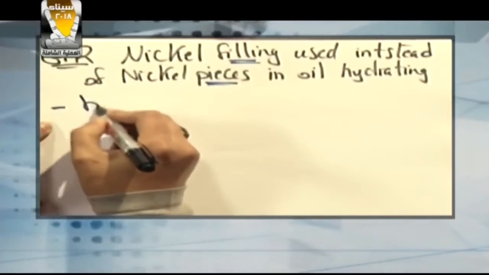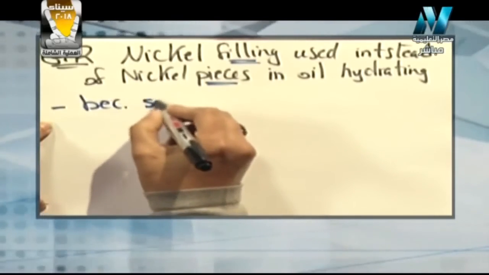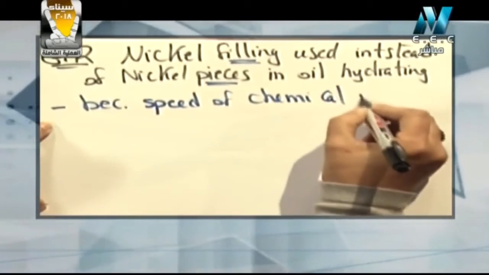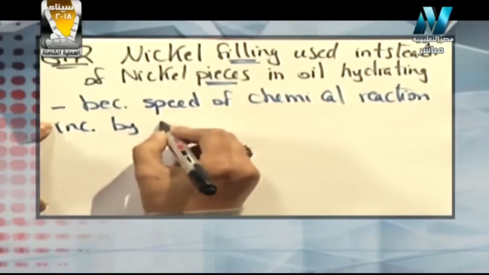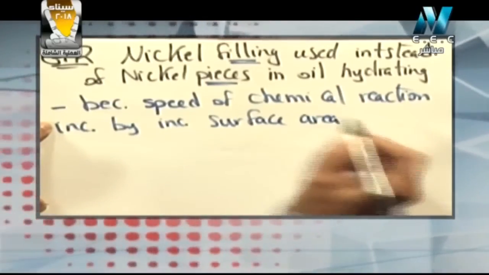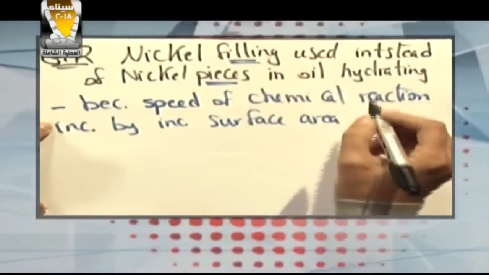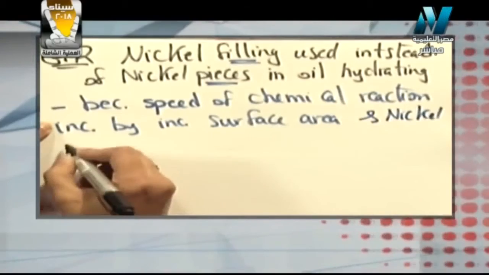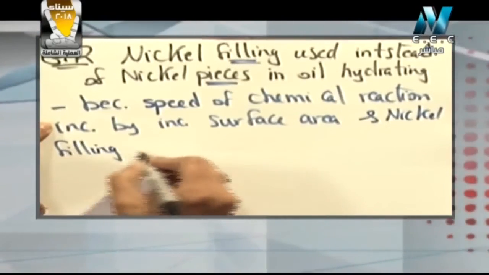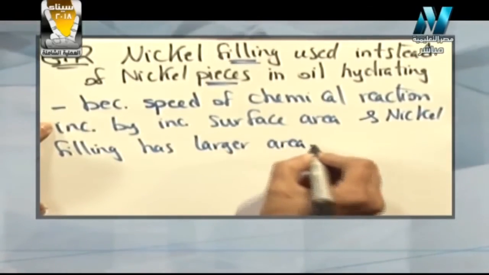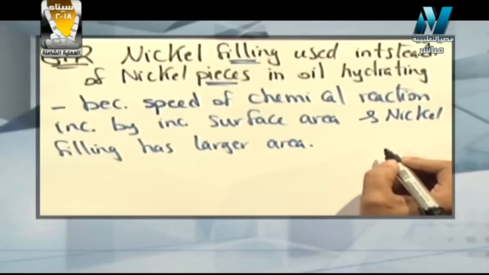So, because the speed of chemical reaction increases by increasing surface area, and the filling has more area. Nickel fillings have a larger area. So the reaction of fillings is faster than the reaction of pieces.